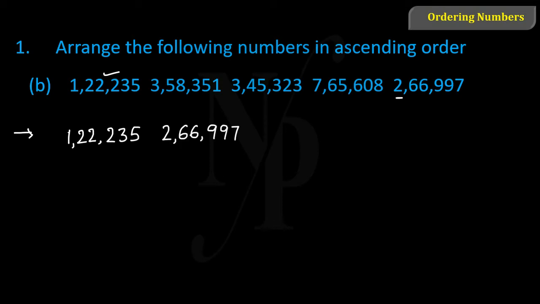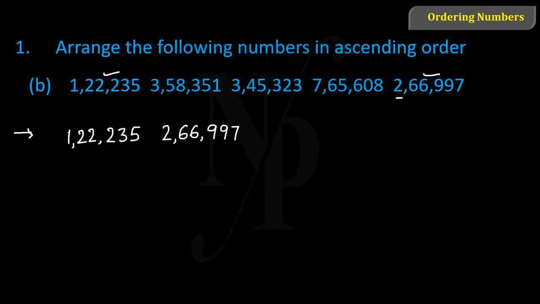When we look at the remaining three numbers, two have 3 in the lakhs place and one has 7. So one of these two must be the next smallest.